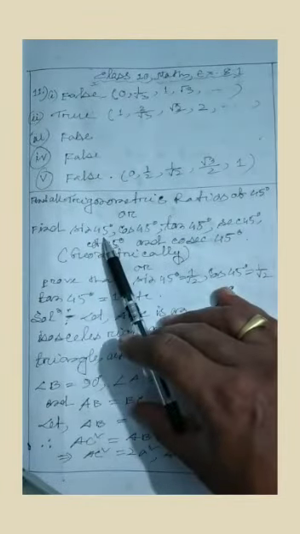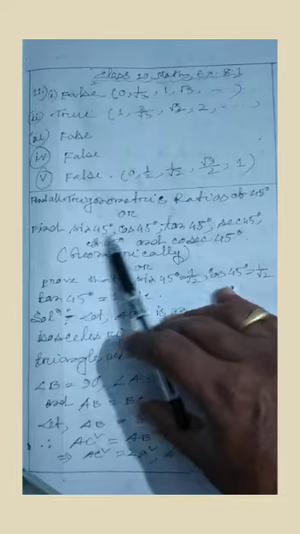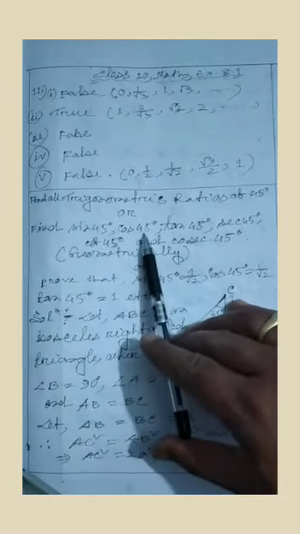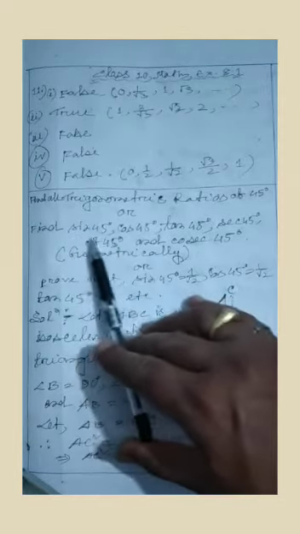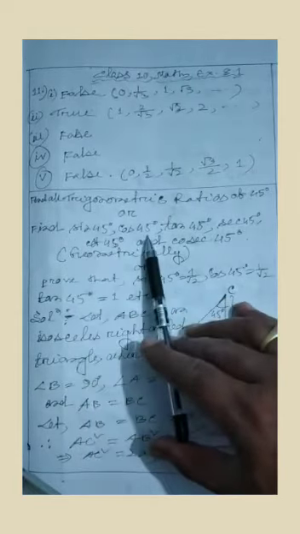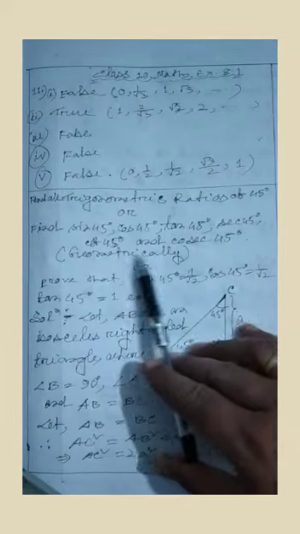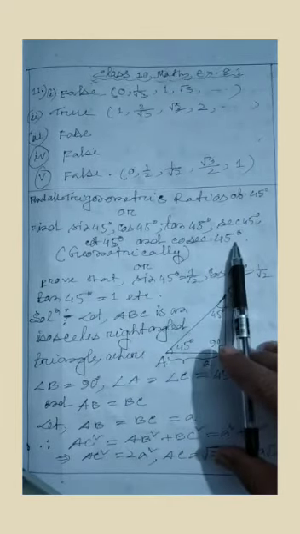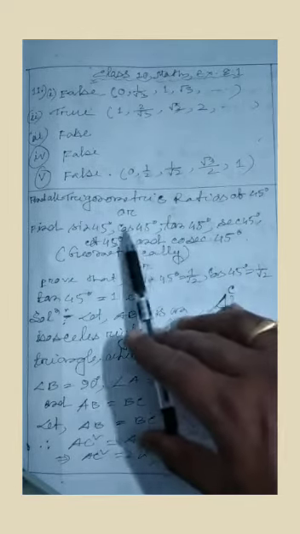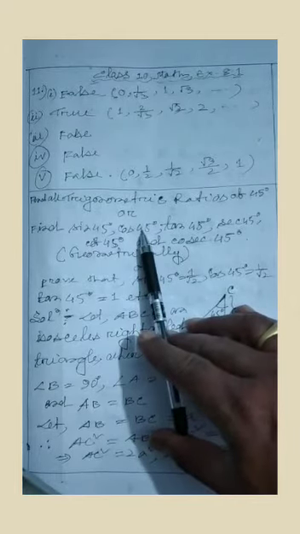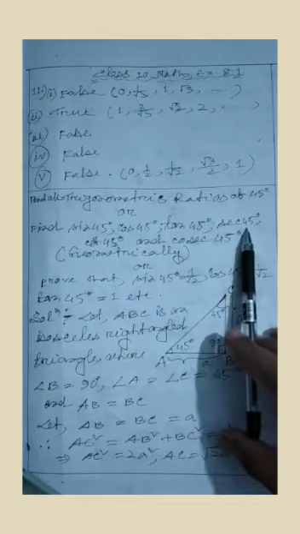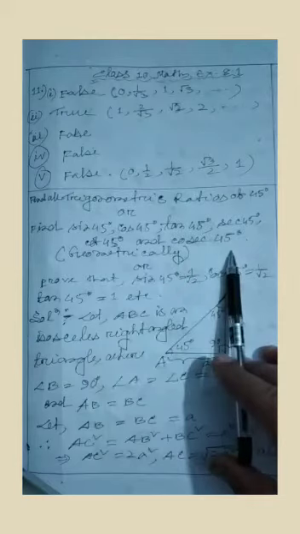Find sin 45 geometrically. It may come like this also. Find cos 45. One question only may come. Find sin 45, cos 45, tan 45, sec 45, cot 45 or cosec 45. One may come or more than one may come.